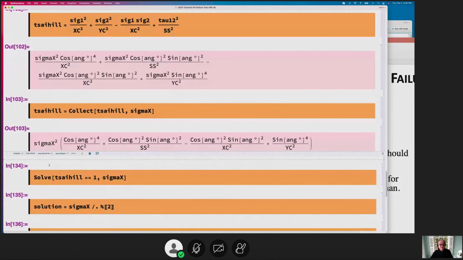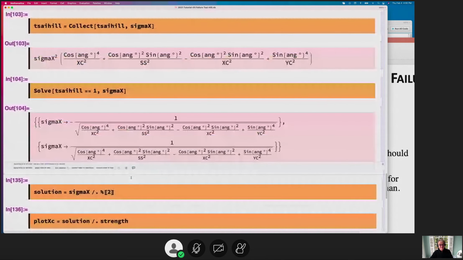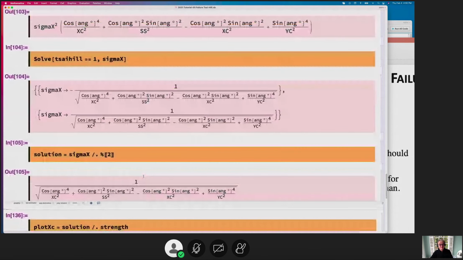These are the compressive values and shear. Again, solve and find the envelope. I equate it to 1 and solve for sigma x. Therefore, my solution is the second of the solutions.